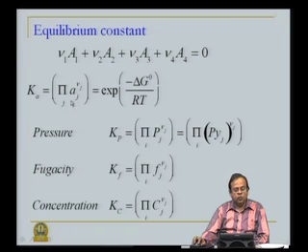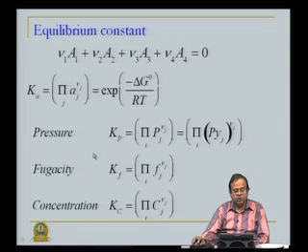We can actually choose to express our compositions in various different forms depending upon how we view our mixture. For example, if I use partial pressure for activity, that is, for a perfect gas mixture, then I use the term Kp, with subscript P denoting that we are referring to the equilibrium constant in terms of pressure, as the product of partial pressure of j raised to nu_j, or fugacity f_j raised to nu_j, the product of all those terms, as Kf.